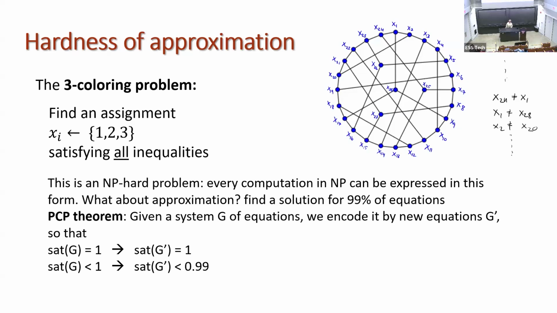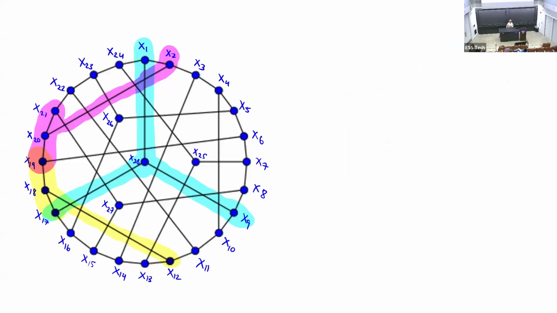And what this tells us is that if you had an approximation algorithm for this problem, you could solve exactly the original problem, because you would first do the reduction, then run your algorithm in the new system, and that would decide 3-coloring.